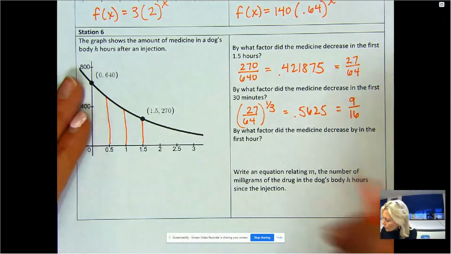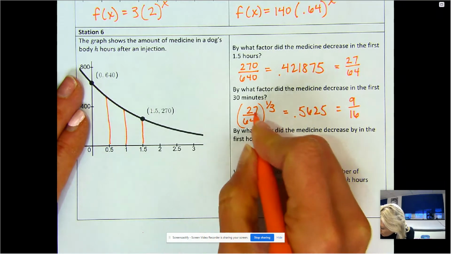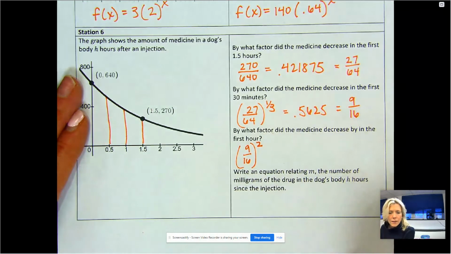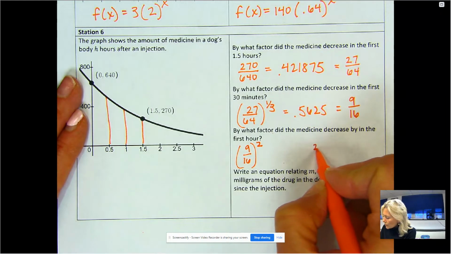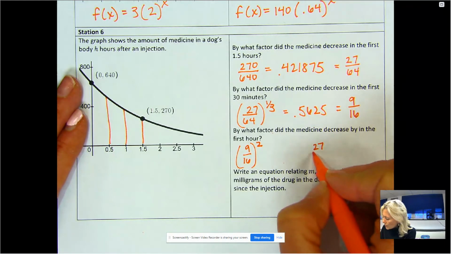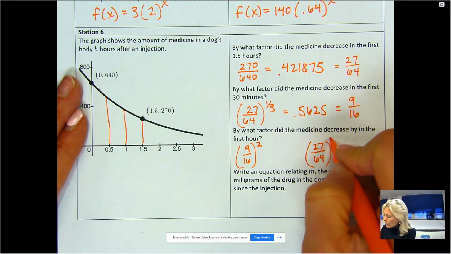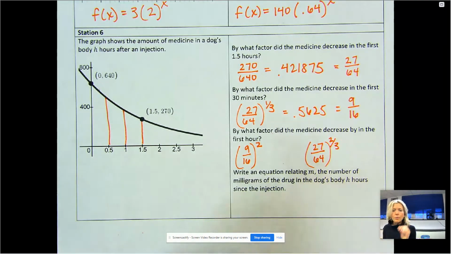Okay, so two ideas. One is to take the 9/16 from the 30-minute interval and raise it to the second power to get an entire hour. The other is to take the 27/64 from the 1.5 interval and raise it to the 2/3 to get just the hour.